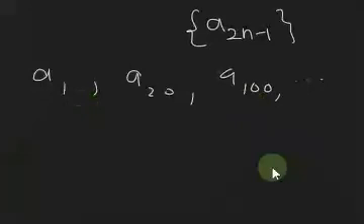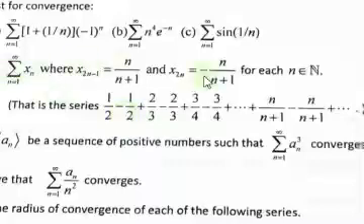Now let's take an exam question. Let's take this one: the summation from n equals 1 to infinity of x sub n, where x sub 2n minus 1 is equal to this, and x sub 2n is equal to the negative of that, for each n. So this is the series.